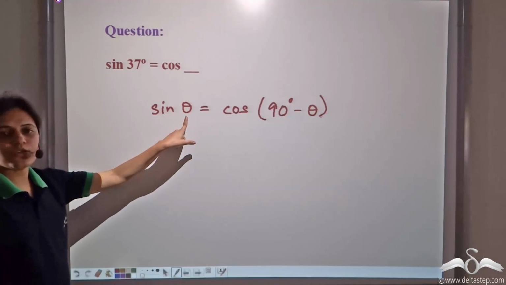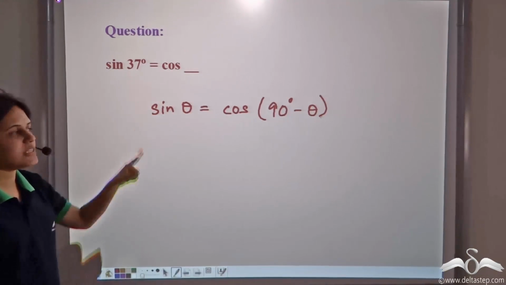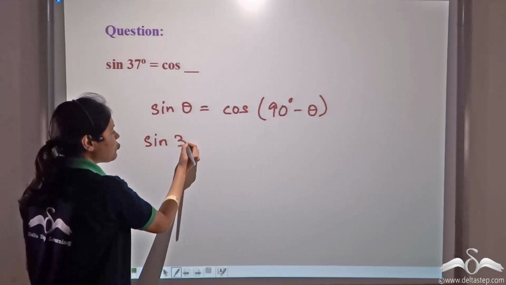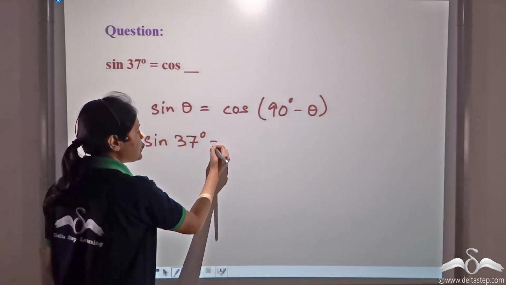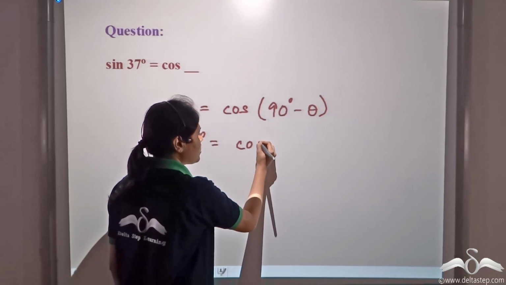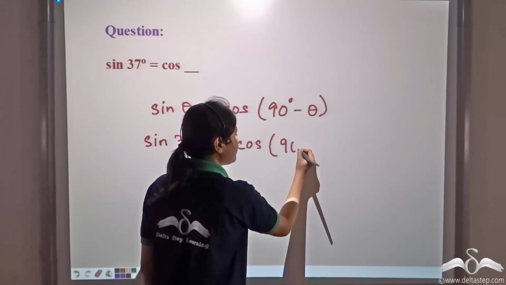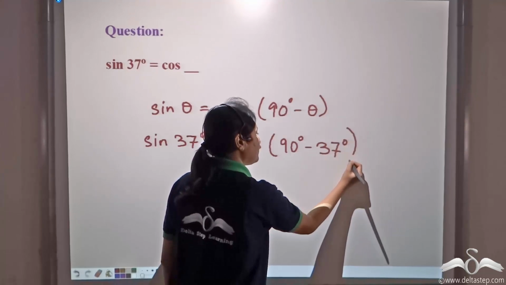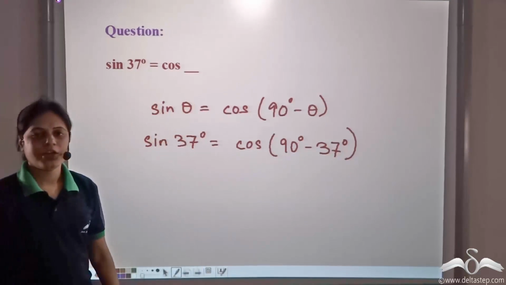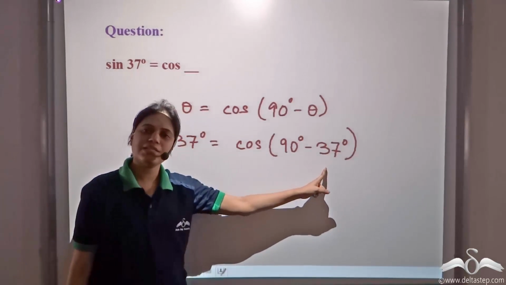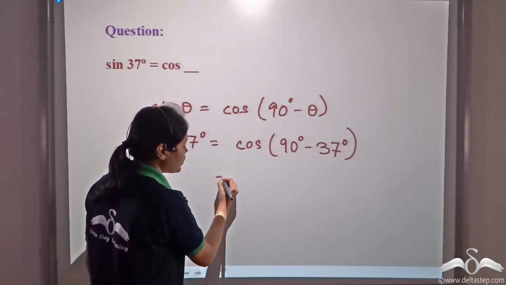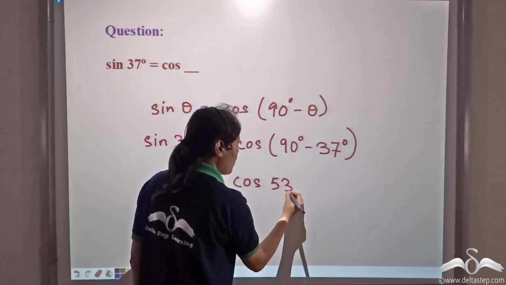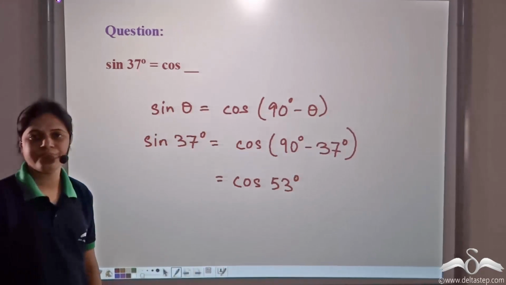Now if we substitute theta equal to 37 degree, then sine 37 degree is equal to cos of 90 degree minus 37 degree. Now 90 degree minus 37 degree is 53 degree. So this is equal to cos of 53 degree.